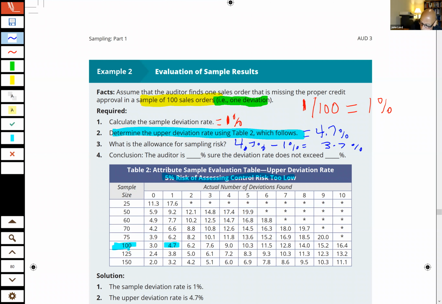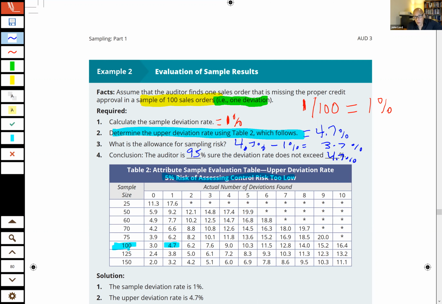So the auditor is 95% sure that the deviation rate does not exceed 4.7%. We're still saying we might have messed this whole thing up. There's a 5% chance that this is some weird population that just kicked us in the butt.